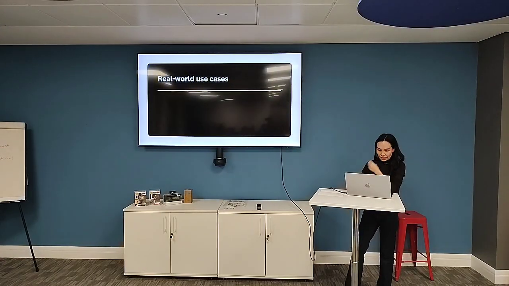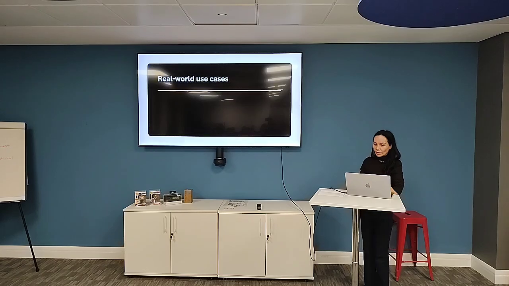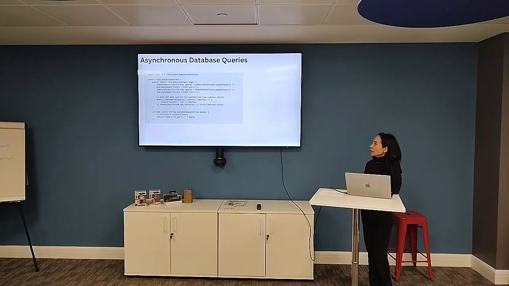Real world use cases. So this example shows how you can asynchronously do database queries. Basically, you're creating two CompletableFuture objects, you run them, and then you combine them and return the result.